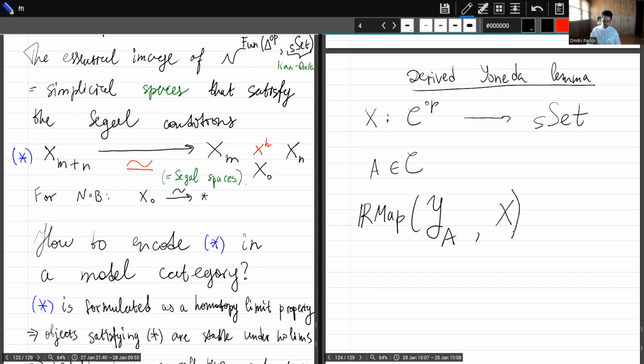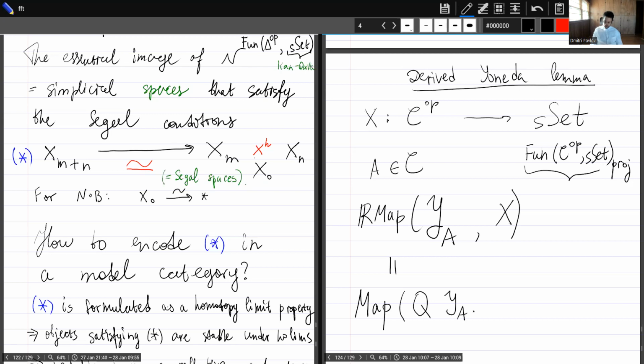Well, here is one way to compute it using only the tools we have learned so far. One tool we learned is that there is a projective model structure on the category of simplicial presheaves. And in any model structure, the derived mapping space can be computed as the ordinary simplicial mapping space, since this category is a simplicial model category, from the cofibrant replacement of the source to the fibrant replacement of the target.